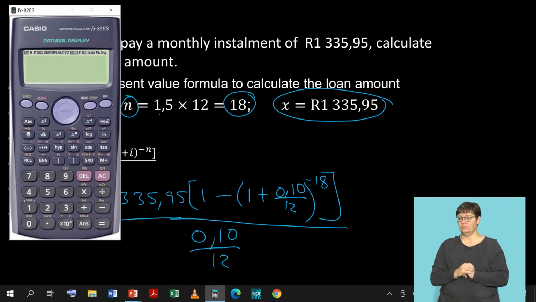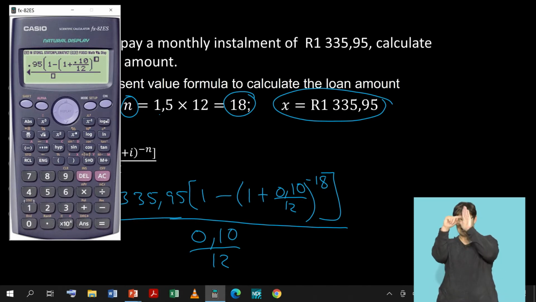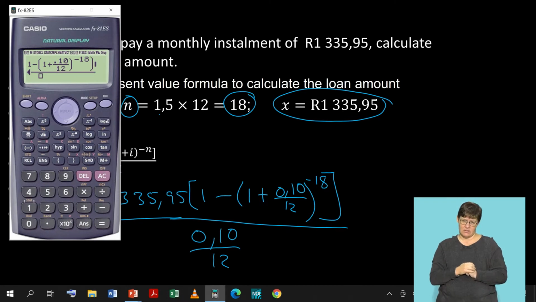So on my calculator, I will first start with the fraction 1335.95, open the bracket, 1 minus another bracket, 1 plus 0.10 over 12, all raised to a negative number. Please make sure that it is negative because this is a reverse calculation, right?